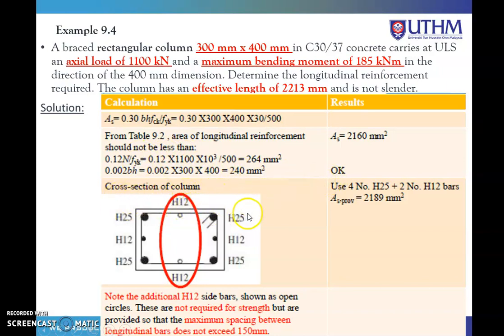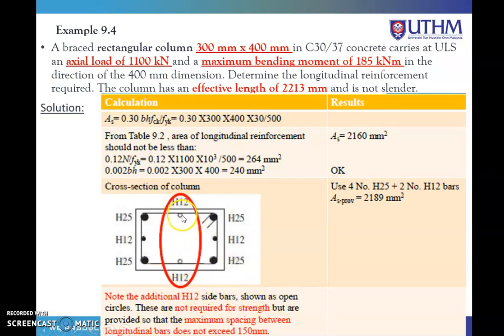Okay, so then the cross section of the column is like this. We use 4 of H25 and 2 of H12. Okay, then provided is 2189, which is greater than the required. Okay, note that the additional H12 shown as an open circle is not required for the strength.